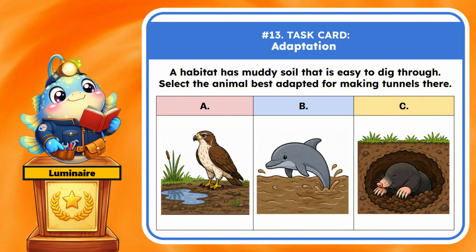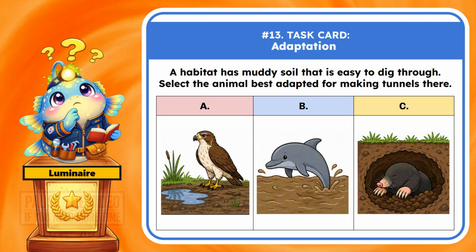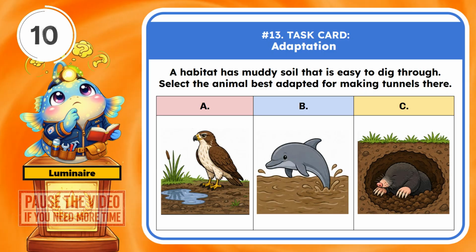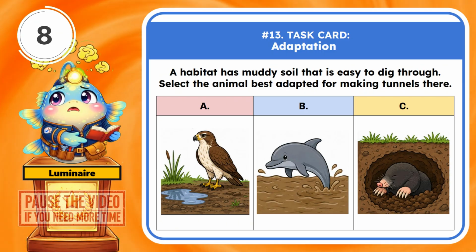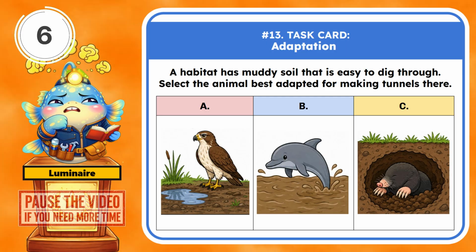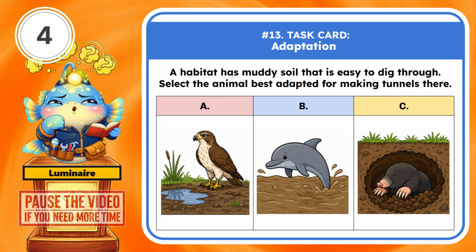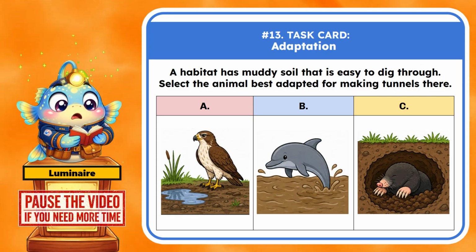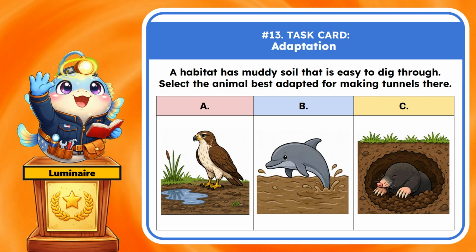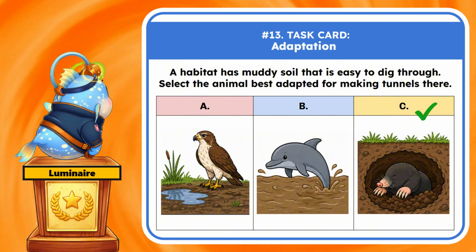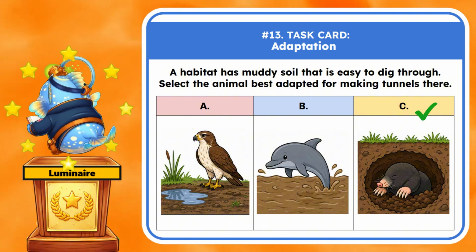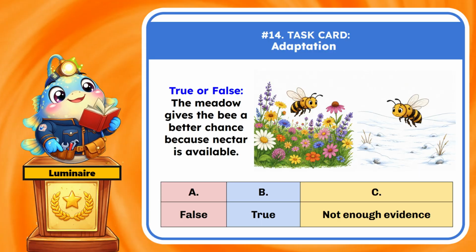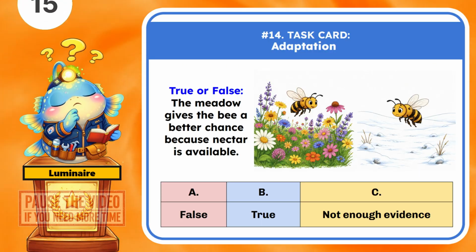Select the animal best adapted for making tunnels there. And the correct answer is letter C, mole tunneling underground. True or false, the meadow gives the bee a better chance because nectar is available.